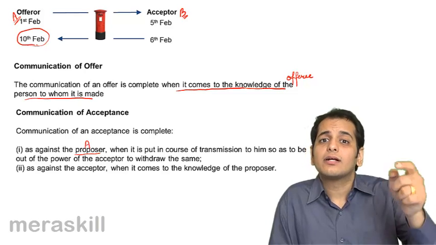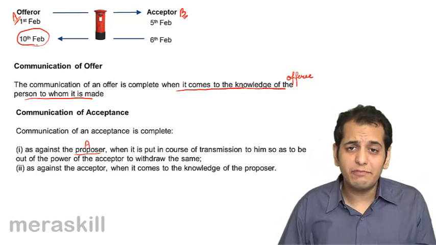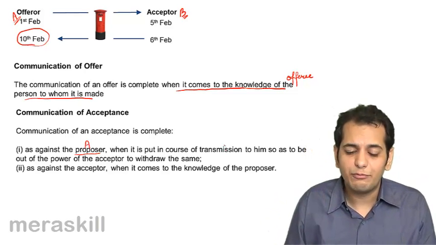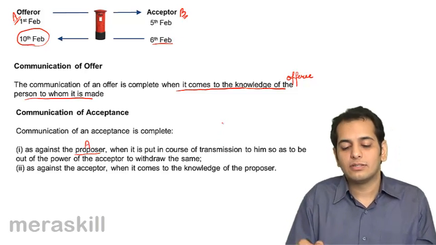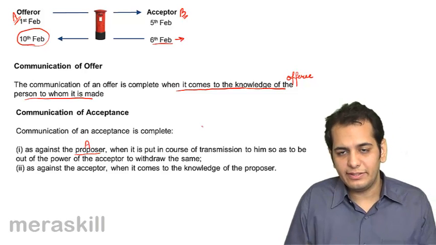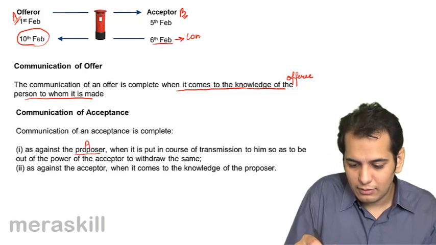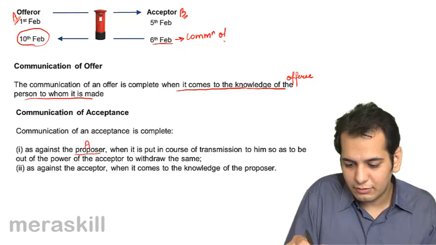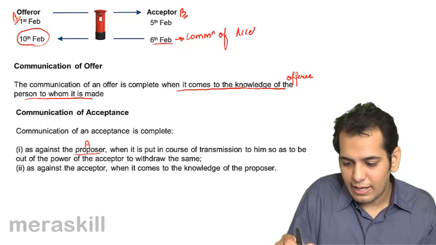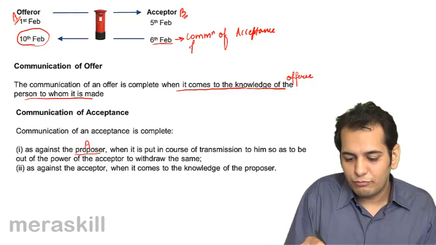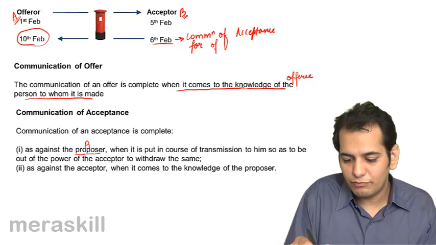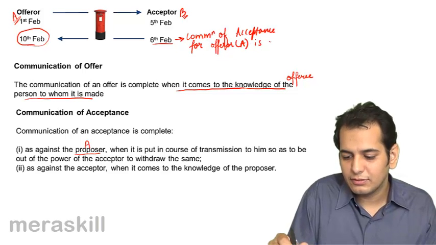For A, the communication of acceptance is complete when B posts the letter. And when does he post the letter? He posts it on 6th. So I can say on 6th, communication of acceptance for offerer, that is A, is complete.